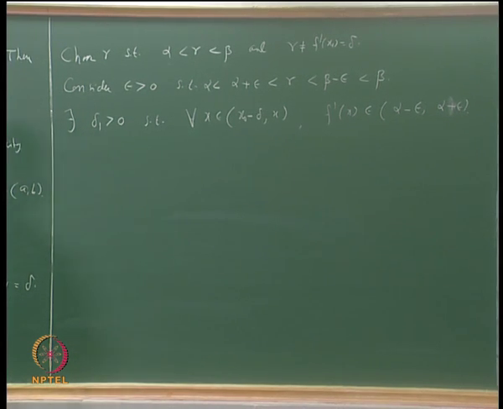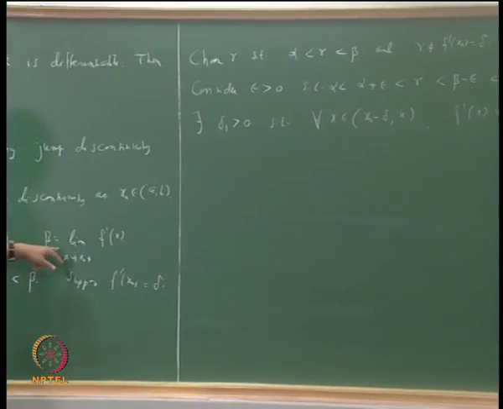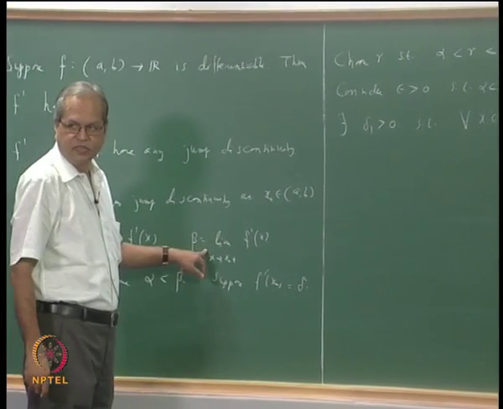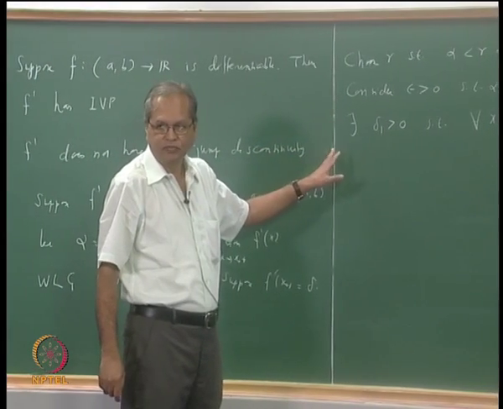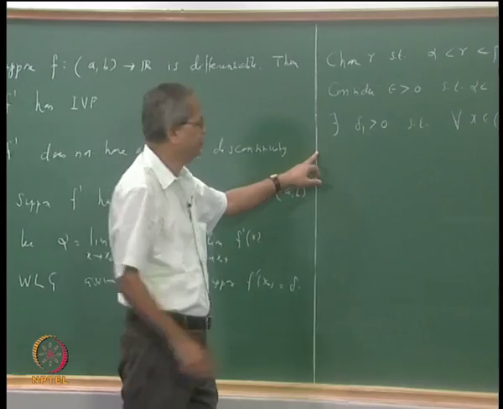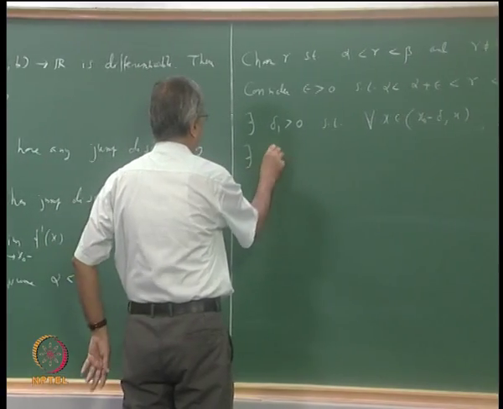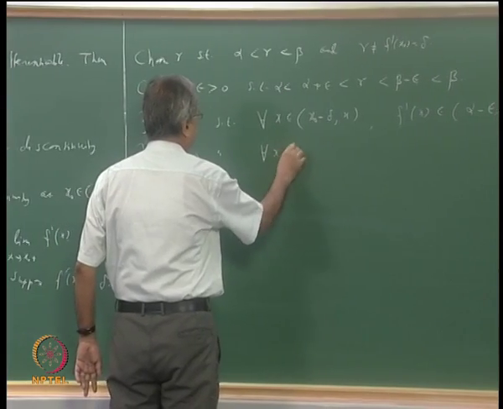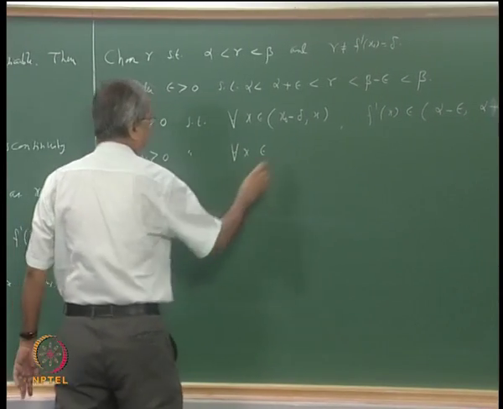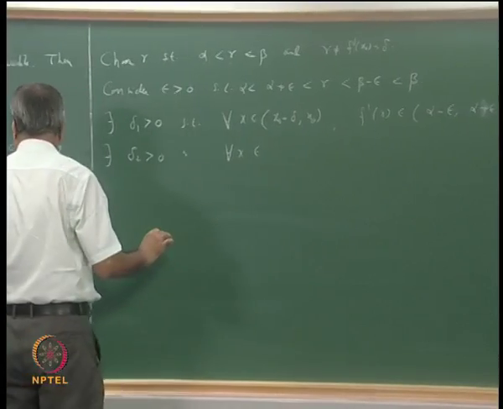Similarly, we use this fact also. Since the right hand limit is beta, for the same epsilon, there will exist some delta 2 bigger than 0 such that for every x in, now this time, this should be x naught to x naught plus delta because it is a right hand limit.